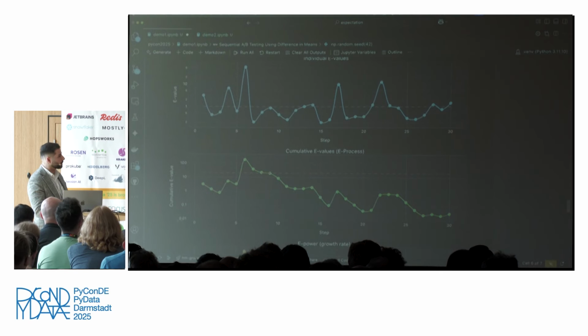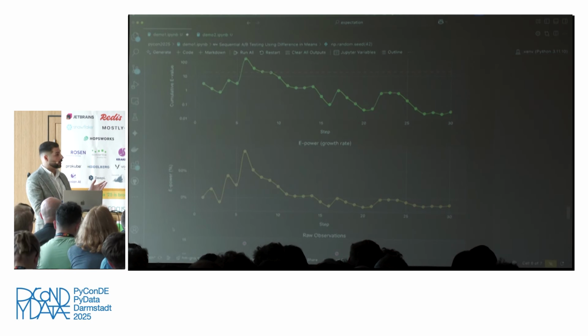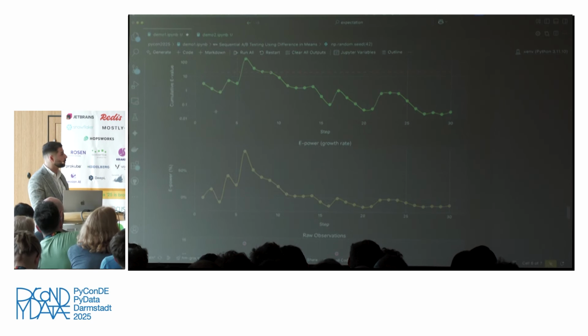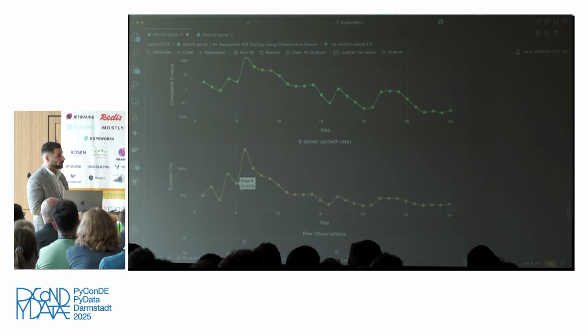And many of you might think, well, this tells me about validity, but it does not tell me anything about the strength of evidence. Well, the strength is already in here. But if you want to look at what's called an e-power, which is the logarithm of the cumulative process here, it tells you two stories, I would say. Small growth, or small e-power, tells you that you have to run this experiment for a very long time.